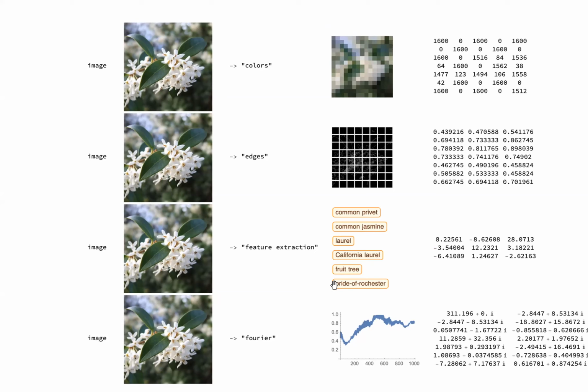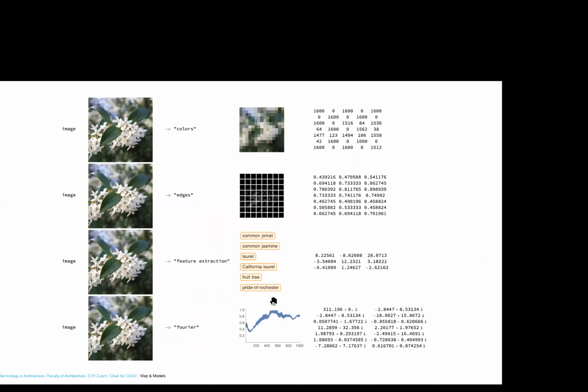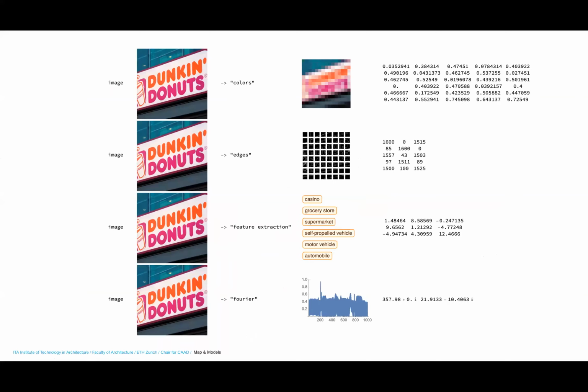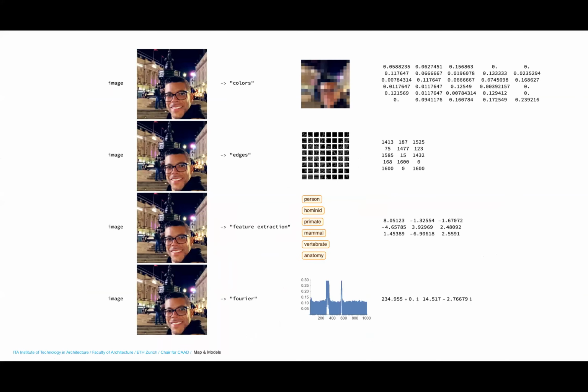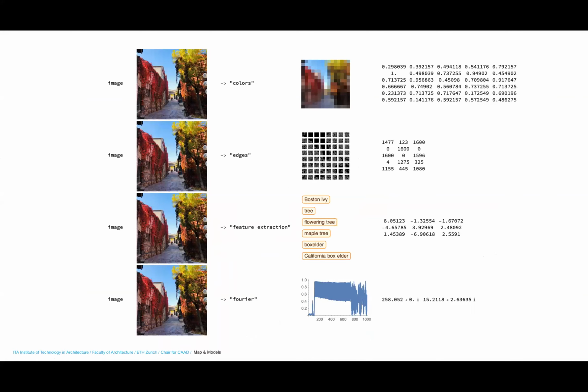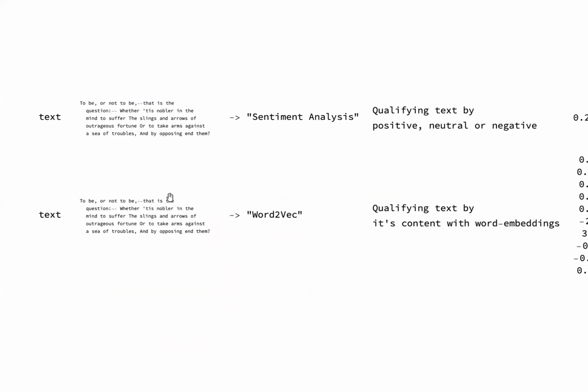And then Fourier transform. You see that with different input images, we actually get different numbers. They are all calculated using the same method. And also for text, we will show two different ways.